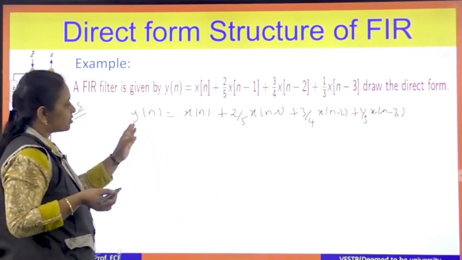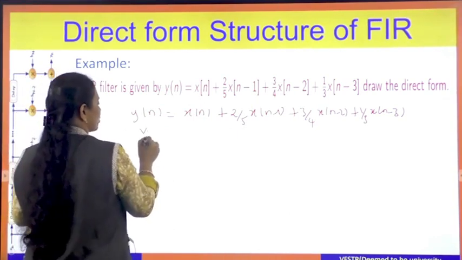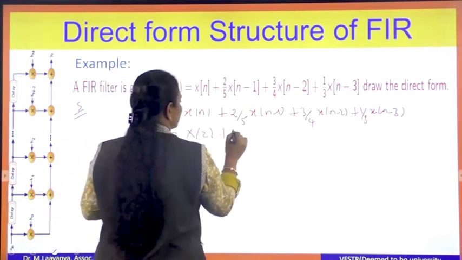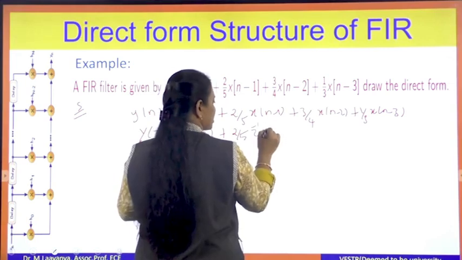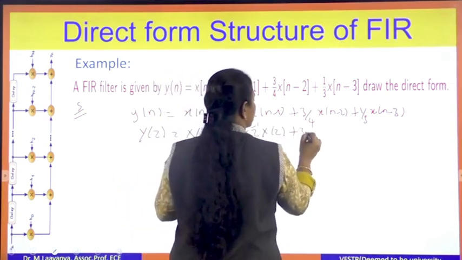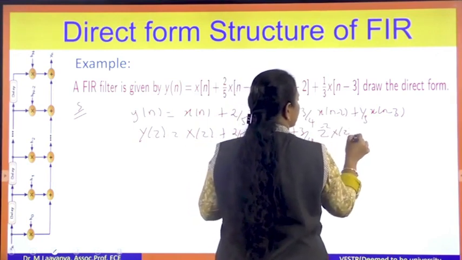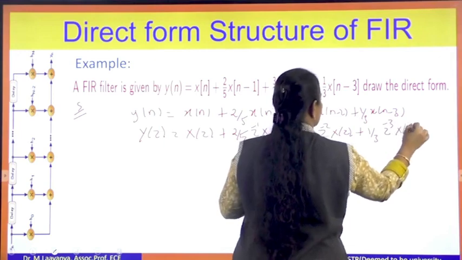What we can do is, we can also take the Z transform and do it. Let us take the Z transform here. So what we will write? X of Z, 2 by 5 Z inverse x of Z plus 3 by 4 Z power minus 2 x of Z plus 1 by 3 Z power minus 3 x of Z.